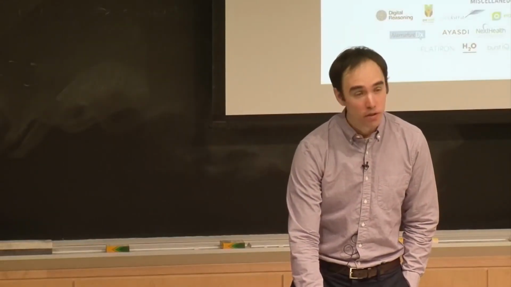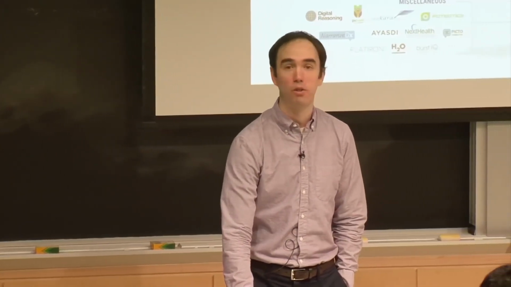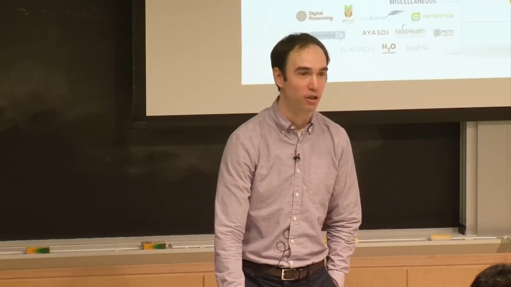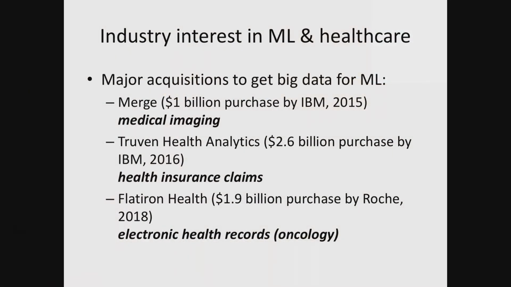And the recognition that data is so essential to this process has led to an all-out purchasing effort to try to get as much of that data as you can. So for example, IBM purchased a company called Merge, which made medical imaging software, and thus had accumulated a large amount of medical imaging data, for $1 billion in 2015.